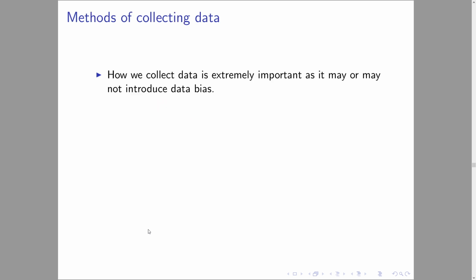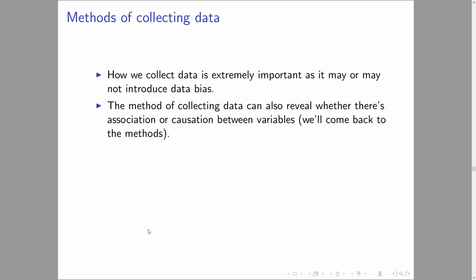So we're going to be touching a little bit more on the methods of collecting data. And like we saw earlier, it's an extremely important thing because depending on how we do it, we may or may not introduce bias in our data. The method of collecting data is also really powerful because it can reveal whether or not there's association or causation between variables. And we'll come back to the methods themselves later, but for now, we're going to be touching on association and causation.